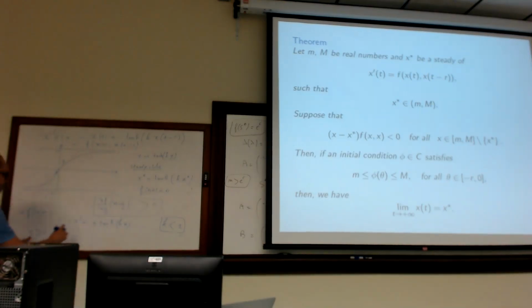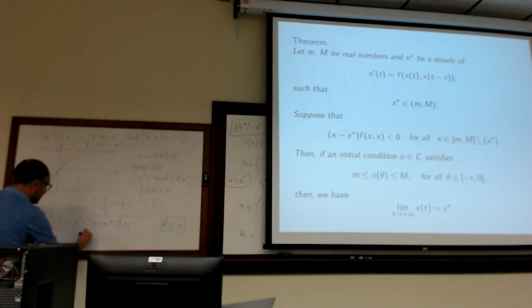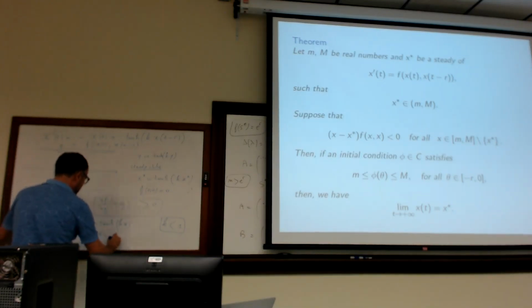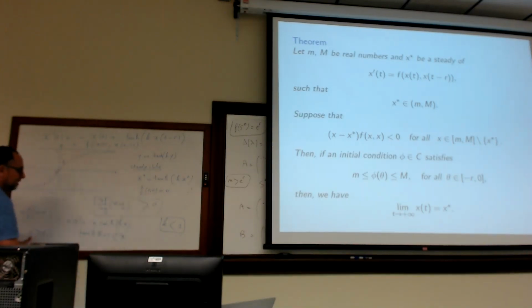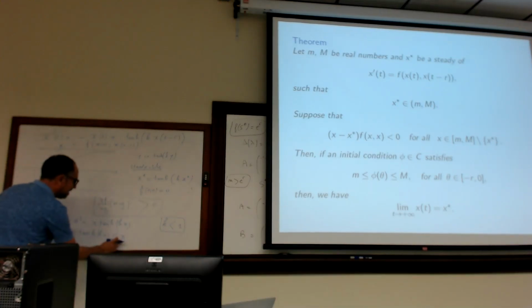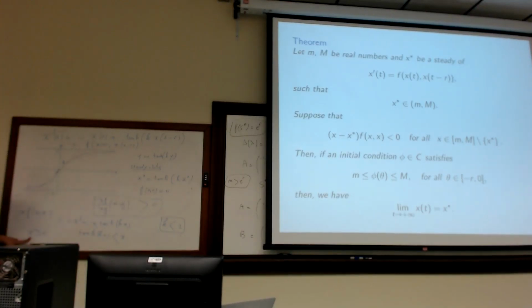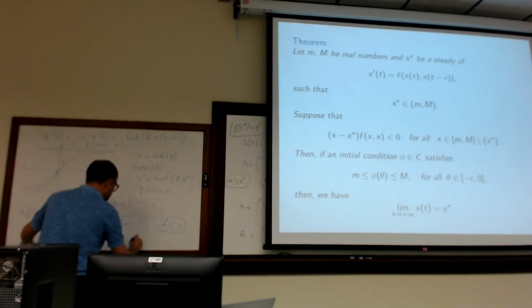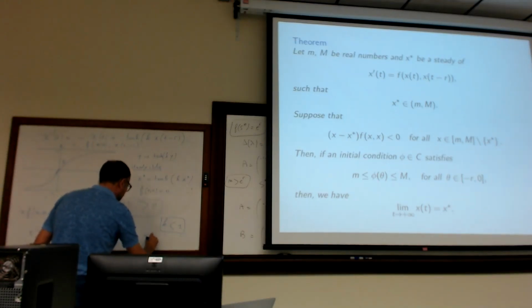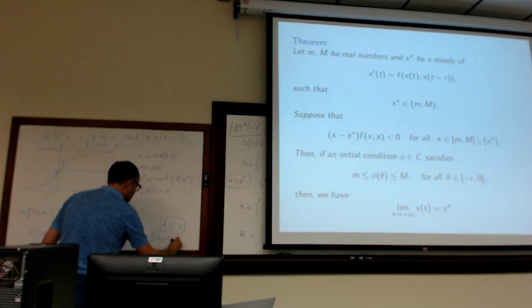If x is positive, then tangent is less than x, because k is less than 1. We can check the derivative. The derivative is k, and the derivative of this one is 1. Then if k is less than 1, we can check only the derivative. Okay? That means x f is negative.